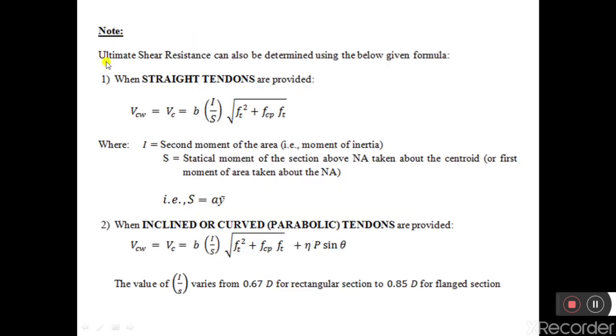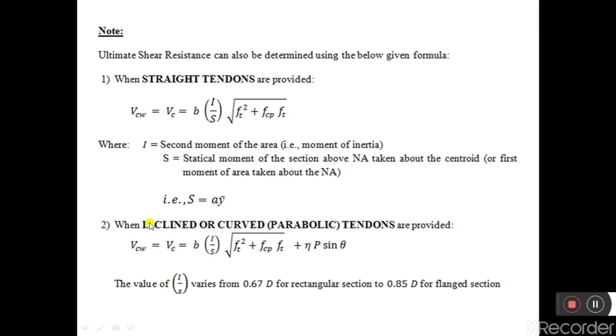Note, the ultimate shear resistance can also be determined using the below given formulas. When straight tendons are provided, ultimate shear resistance VCW or VC is equal to B into I by S square root of Ft square plus Fcp into Ft, where I is the second moment of area or moment of inertia, and S is the statical moment of the section above the neutral axis taken about the centroid, where S is equal to A into Y bar.